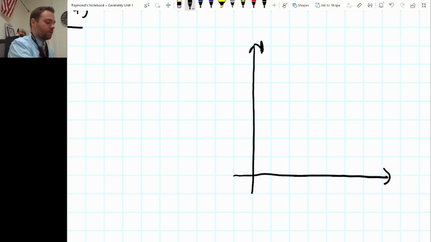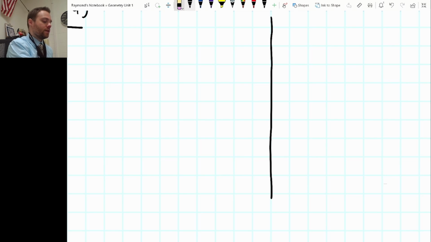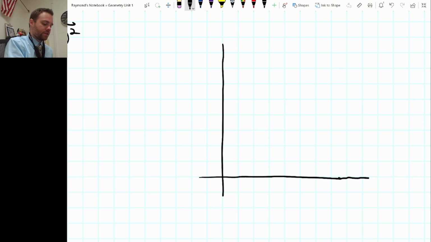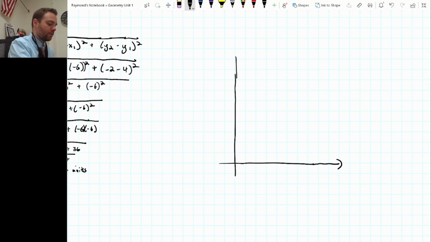You want to choose an appropriate scale for whatever graph you are using, and then you also want to label your axes properly. Typically for just generic models we use X and Y, but you're going to see in this case we want our graph to mean something. So we are going to change that up a bit. I want to make sure that this graph is pretty large.